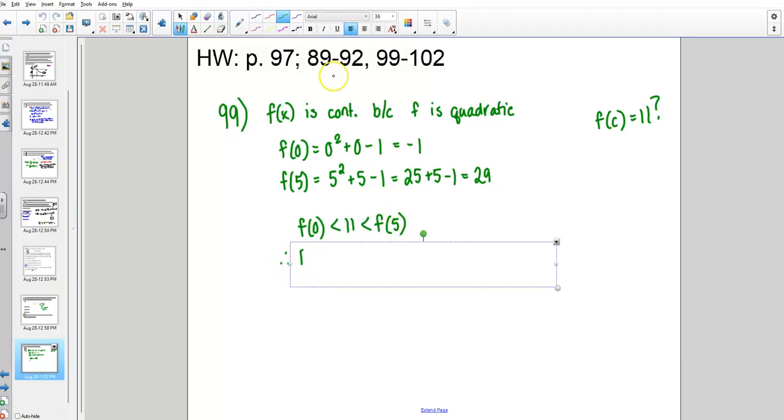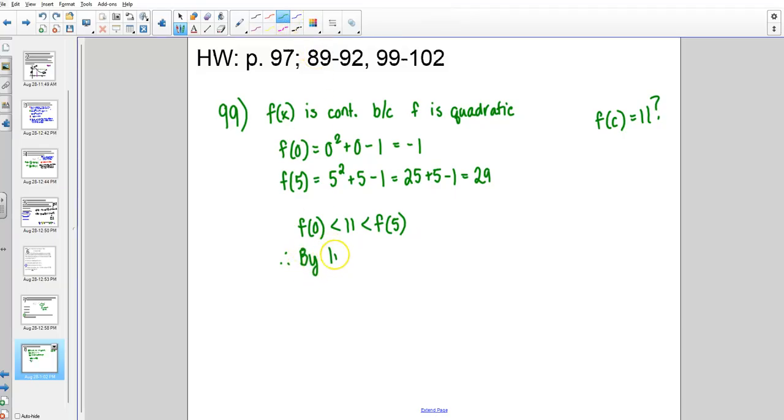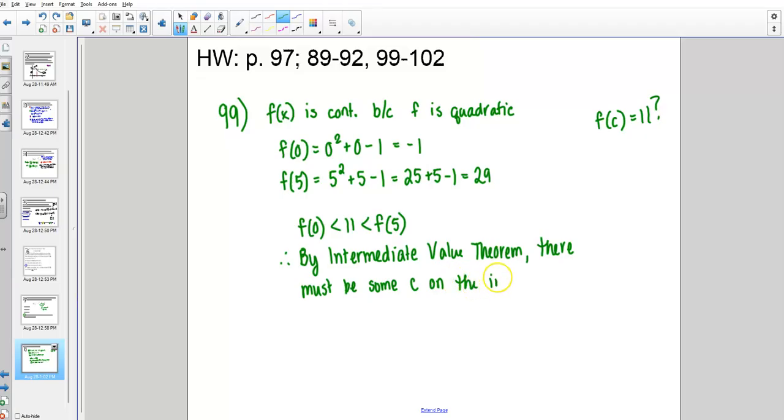Therefore, by intermediate value theorem, there must be some C on the interval 0 to 5 such that f of c equals 11.